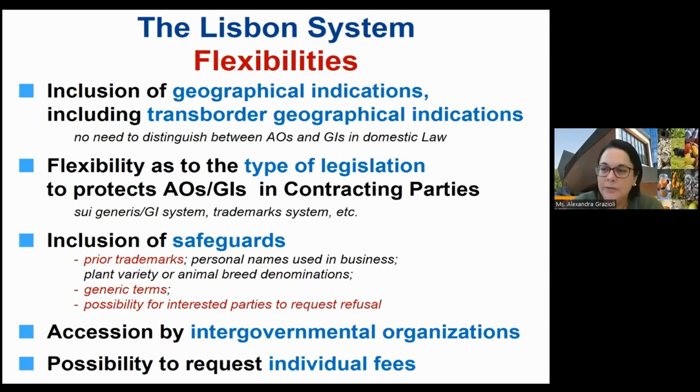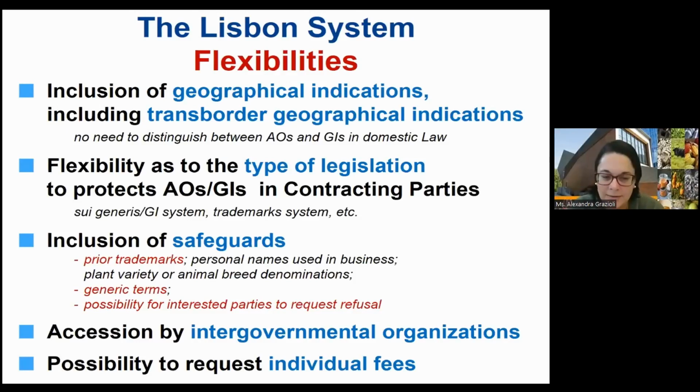Several safeguards have also been introduced in order to secure protection of third-party rights, meaning, for instance, that prior good faith trademarks that may have been registered and protected in a country are indeed safeguarded. They can, depending on how the system is developed in the country, coexist with a geographical indication if the coexistence of that later GI does not infringe the right of the trademark owner, or there is a system of first in time, first in right.